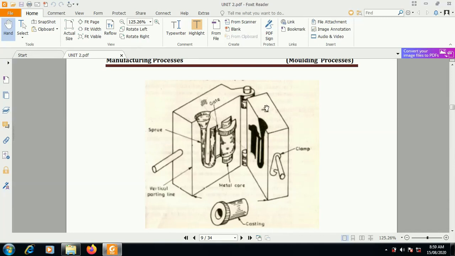The material is heat resisting cast iron, steel, mecanite or any other material which will withstand the very high temperature of the molten metal. You can see the components of the gating system, that is pouring basin, sprue, runner, ingates, and at the center a metal core is placed. All these components are made up of metal. That's why this process is called a permanent mold casting process.